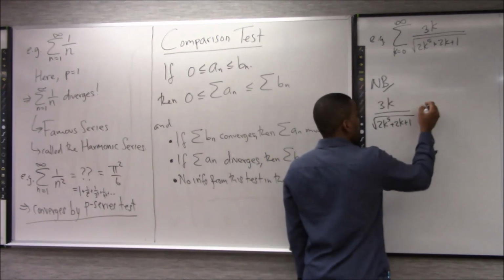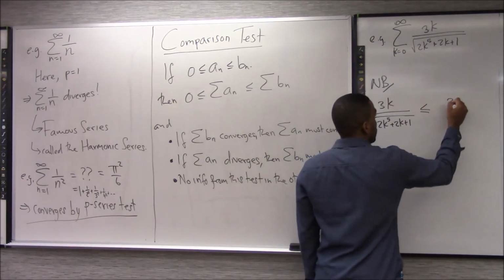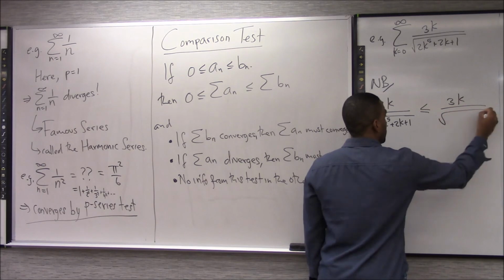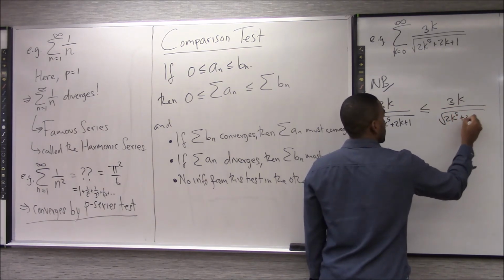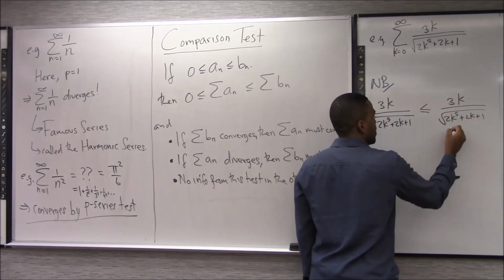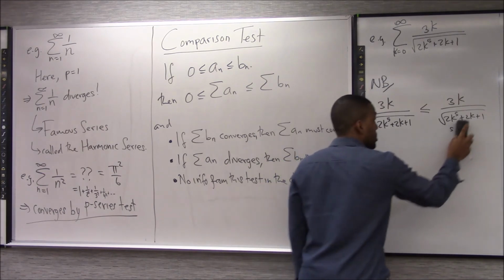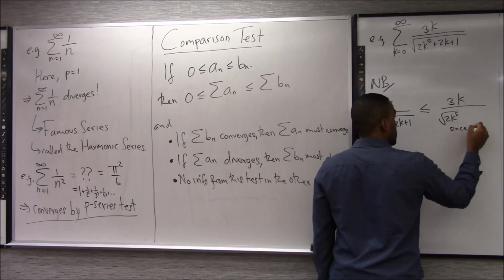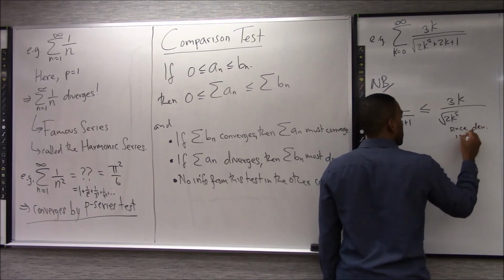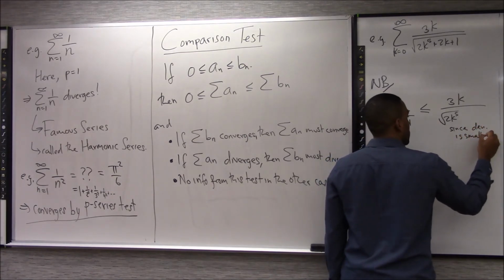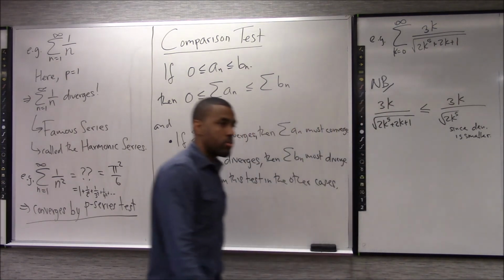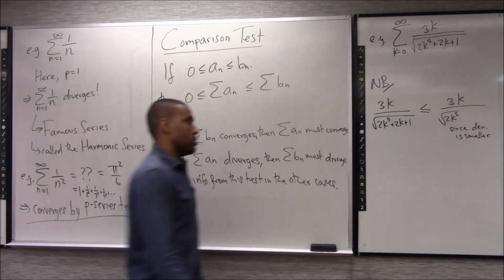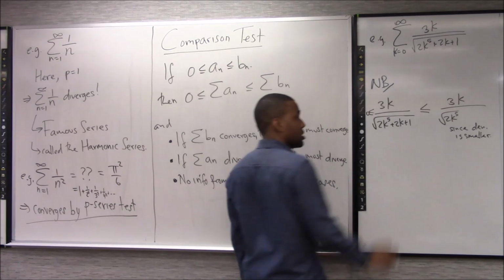Okay. Notice that this has to be less than or equal to this, since the denominator is smaller. Right? Divide by a smaller number, you get a bigger fraction. So I definitely know that that's the relationship.